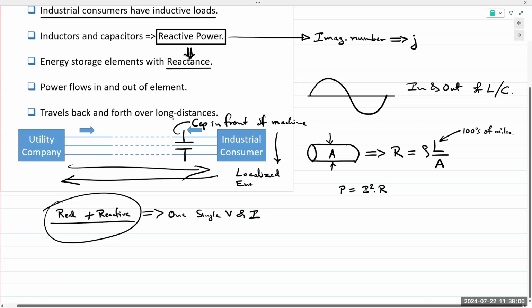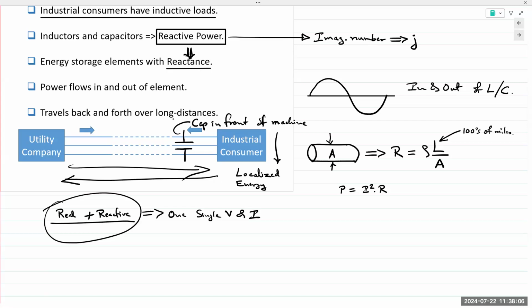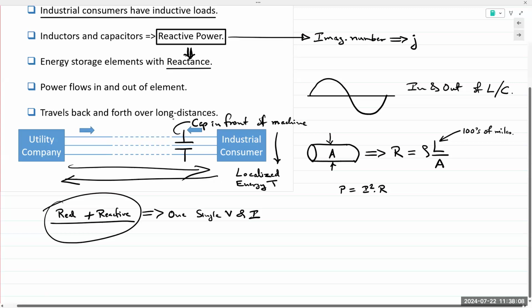Did all of that make sense? It's a tricky, hard concept to get. So I want to make sure everyone understands that before we go to the equations. Yes.